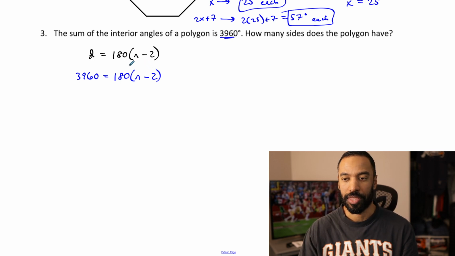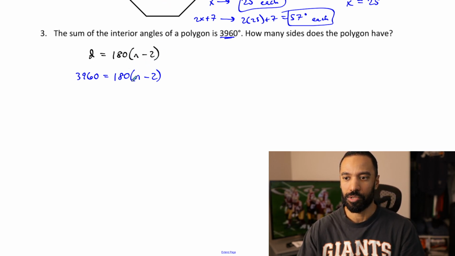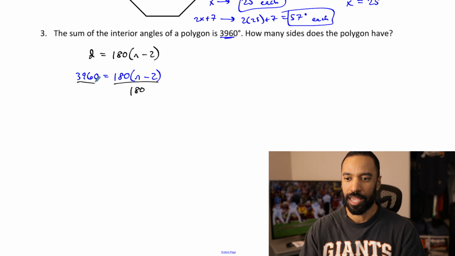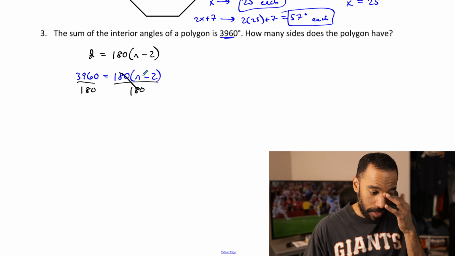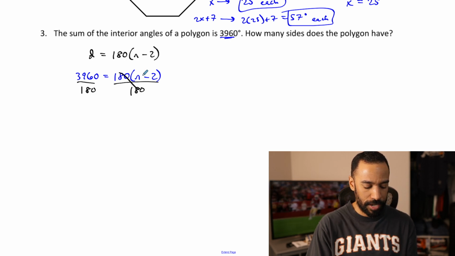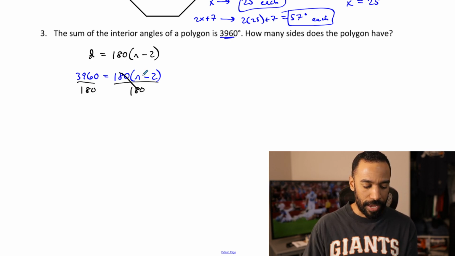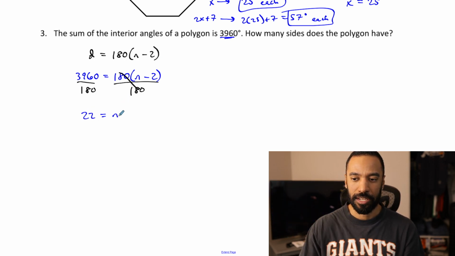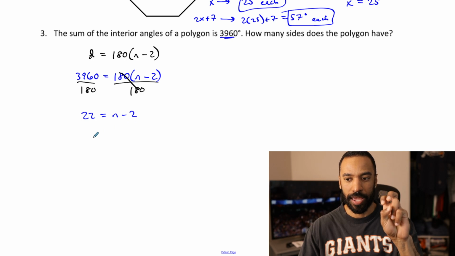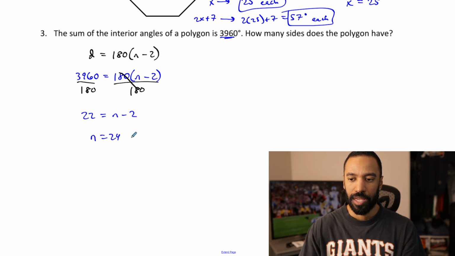Now, it's just an algebra thing. You could distribute 180, but you could also divide by 180 here. If it's not divisible by 180, something's wrong with the problem. And once again, I'll refer to the calculator, 3960 divided by 180. So I got 22. Now, that's not the number of sides. That is n minus 2. Technically, the number of triangles. So n is 24 sides.